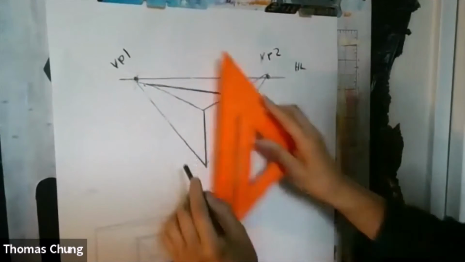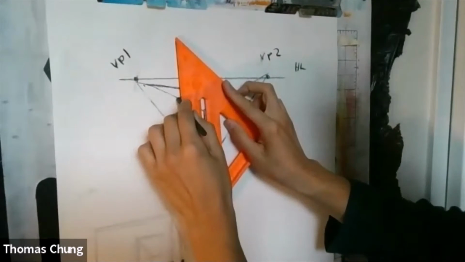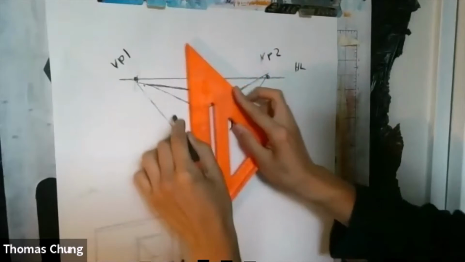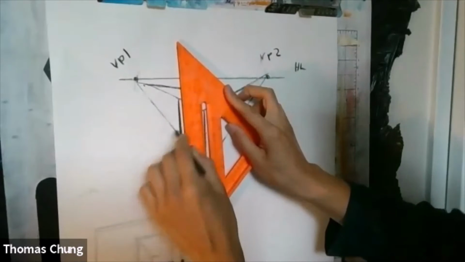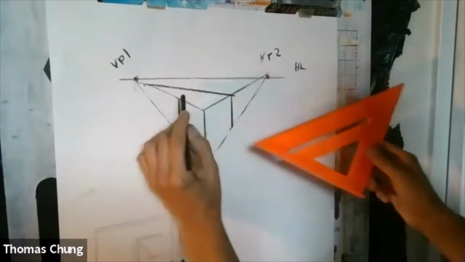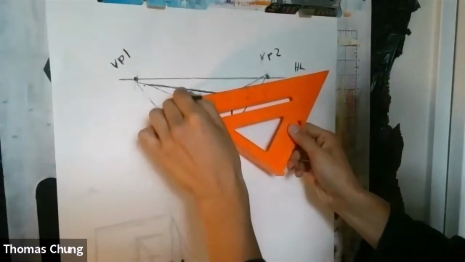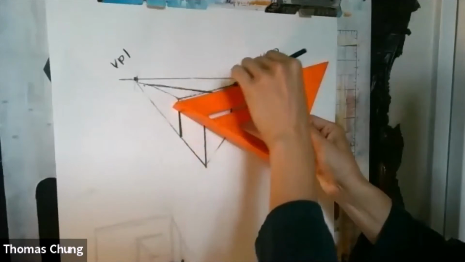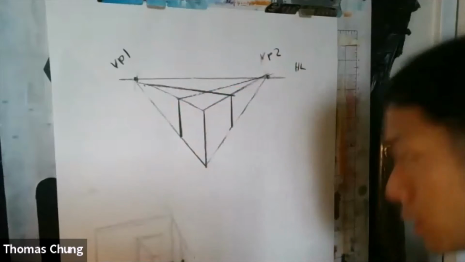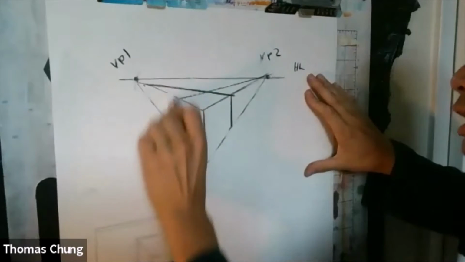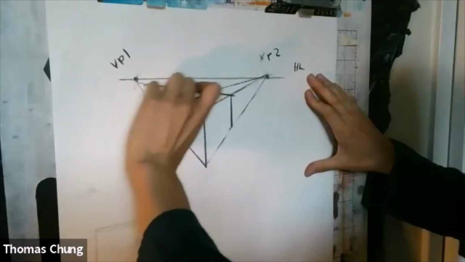And then I'm going to decide where my box ends on the left. So it ends here. And then I'm going to bring that corner up to the other vanishing point, and then erase all the lines that are not the box. And this is 2 point perspective.